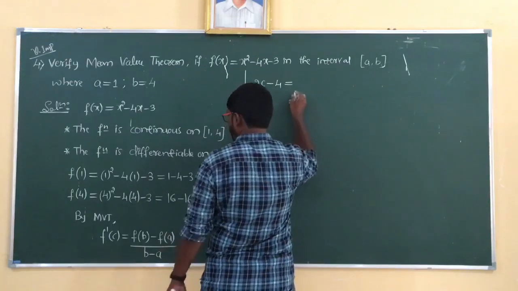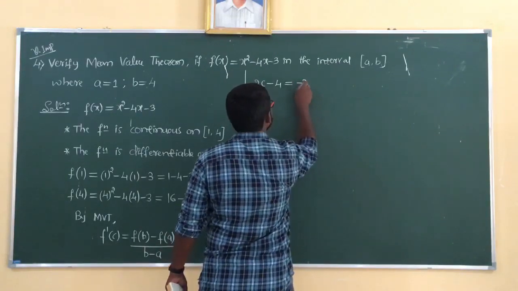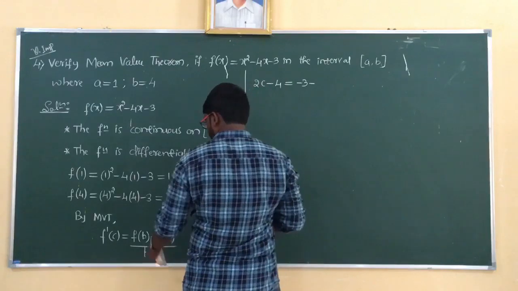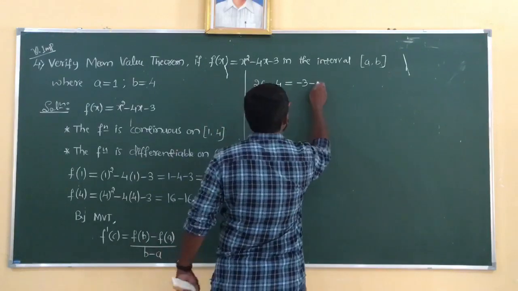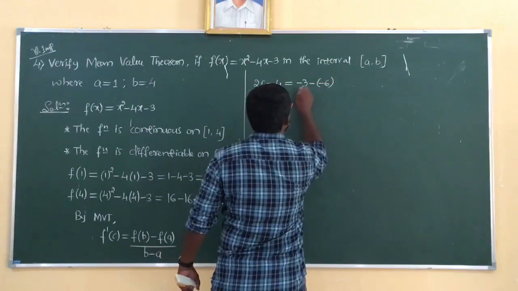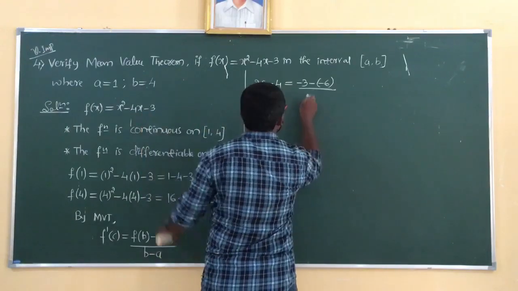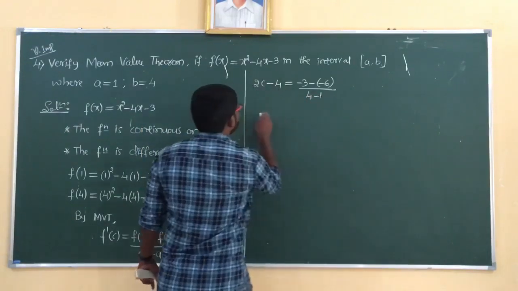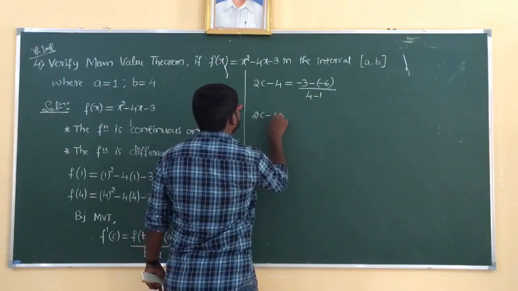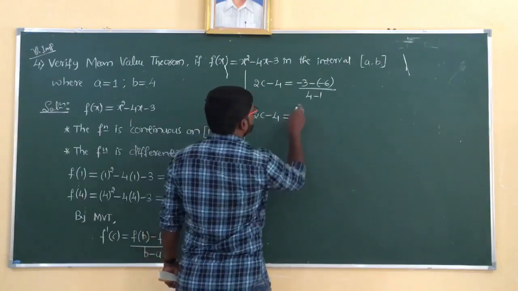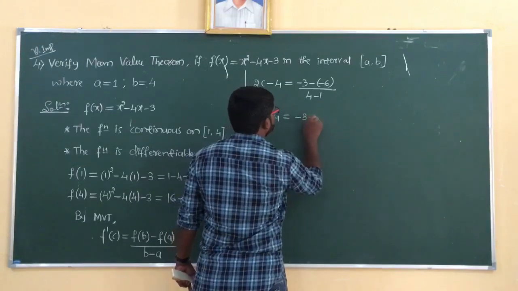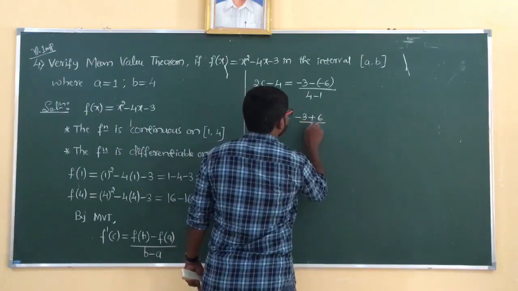F of b is minus 3, then minus f of a, it is minus 6, divided by b minus a, so it is 4 minus 1. So 2c minus 4 is equal to minus 3, minus into minus is plus 6, divided by 3.